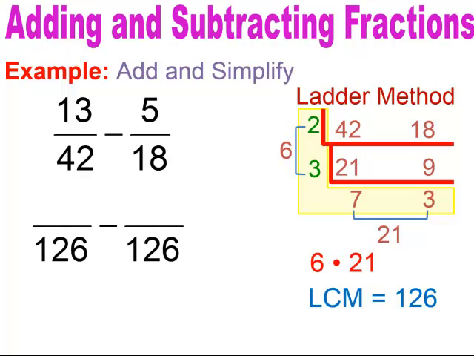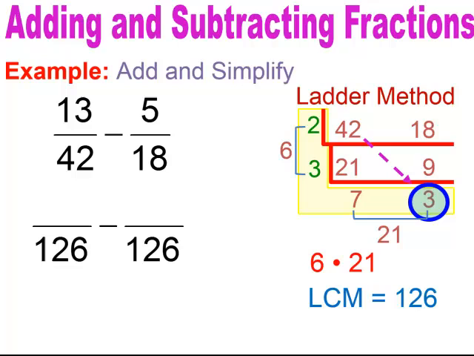So I want to convert the fractions to have a common denominator of 126. And to do this, you'll see there's a nice little trick with the ladder method. I need to look for the factor to multiply 42 by to get 126. Well, with the ladder method, it will always be the bottom diagonal number.